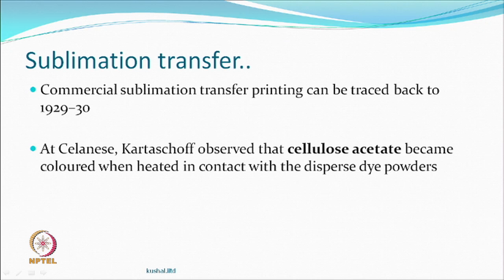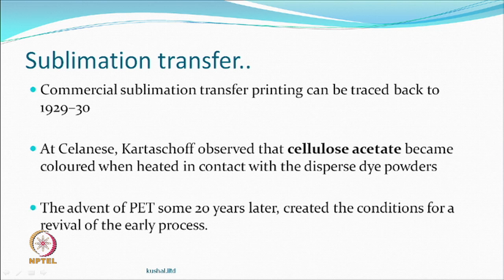Particularly when cellulose acetate came into the picture, some experiments or accidental experiments showed that yes, diffusion can take place, then the commercialization thought came. For PET it took 20 years to come, and this process also was tried, but actual commercialization and production would be even 10 years later.